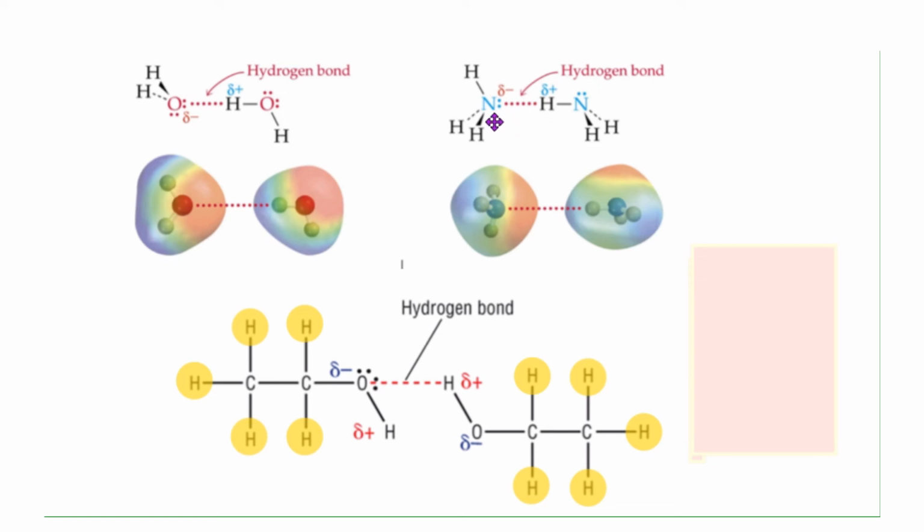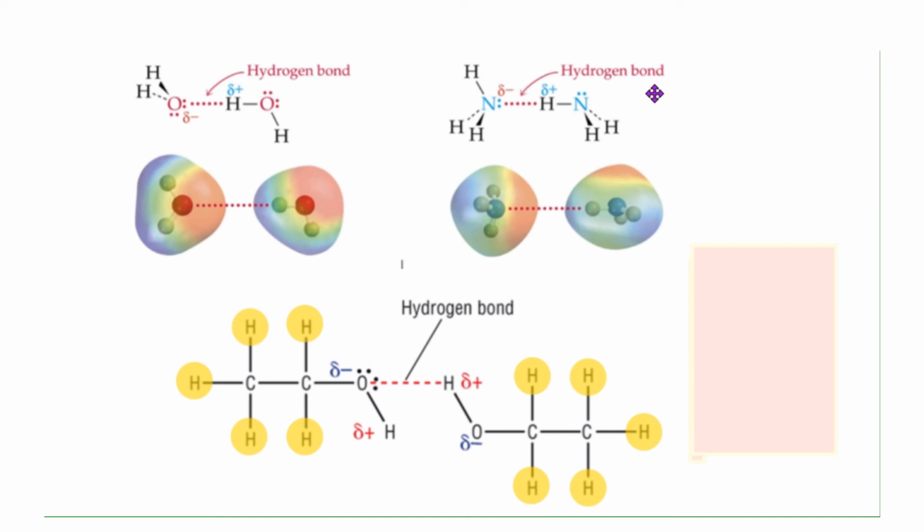Yes, it is. It's bonded to a nitrogen. So that means the shared pair of electrons are very close to the nitrogen. So that slightly negative charge is higher than normal. And in the next molecule, that slightly positive charge is higher than normal. So the attraction between them is the specialized dipole-dipole called the hydrogen bond.